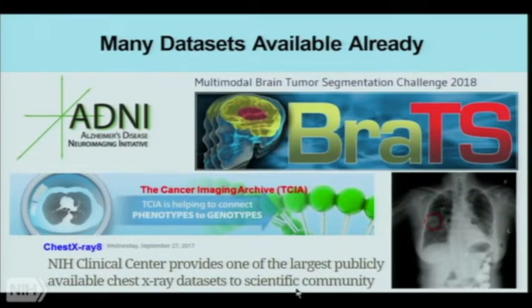And we have the ADNI, the Alzheimer's Disease Neuroimaging Initiative. And we know this is a longitudinal study. And the second example is BraTS, and this is for the multimodal brain tumor segmentation challenge.